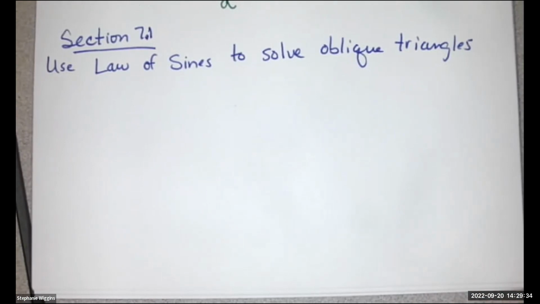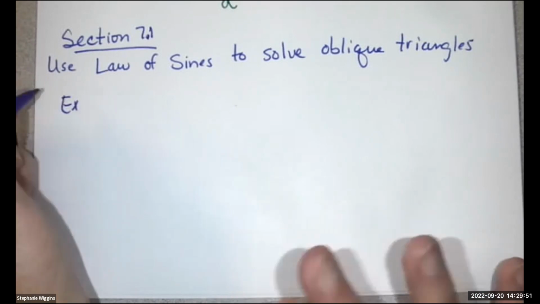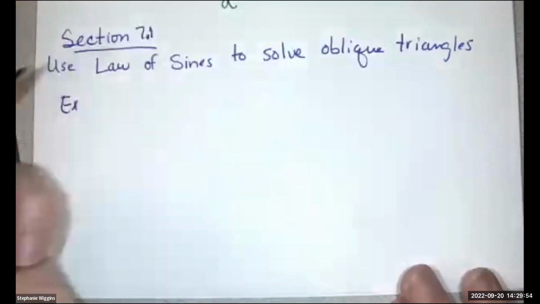In other words, there are two possible triangles that satisfy the given conditions. So there are all kinds of different situations to consider. But let's look at an example here. Just like with right triangles, you need three pieces of information. And you're probably wondering, what is the law of sines?